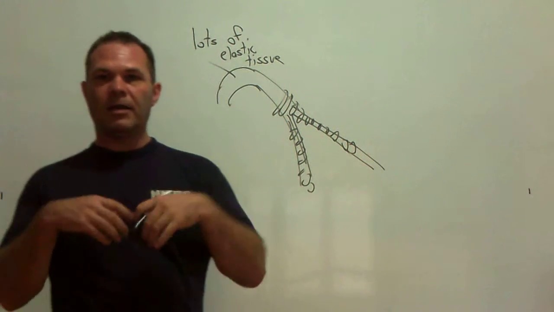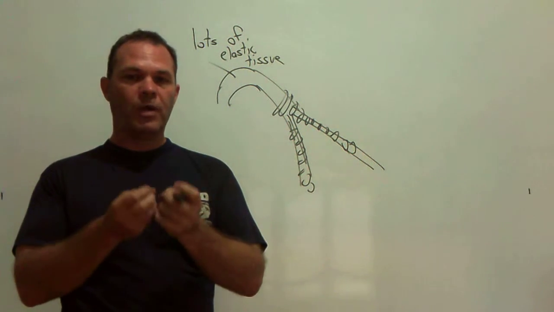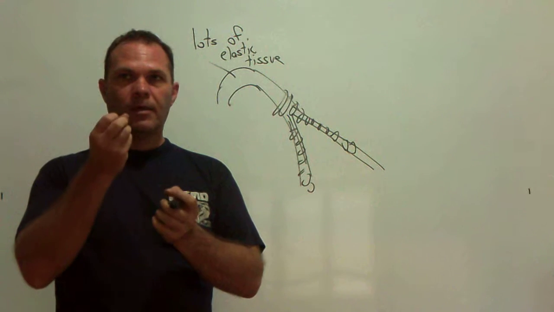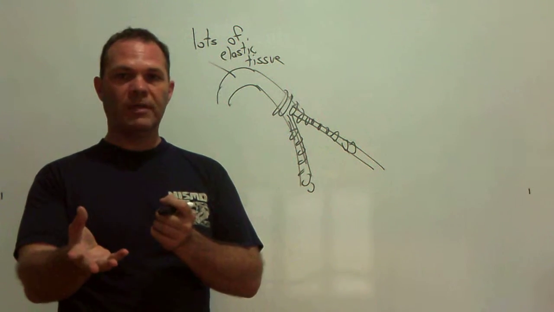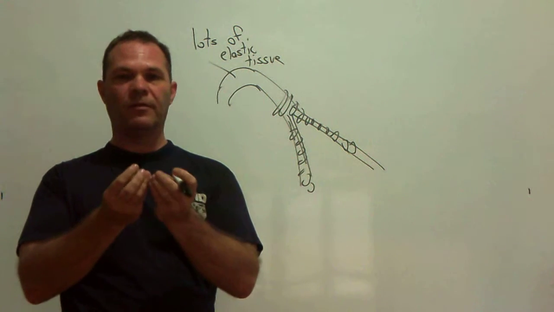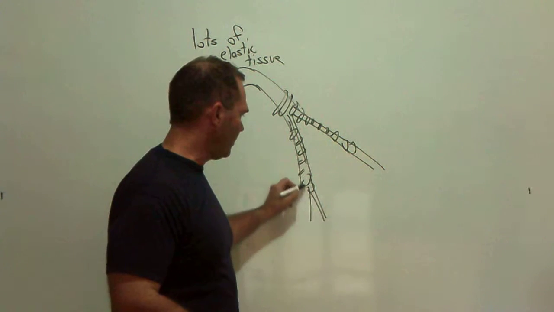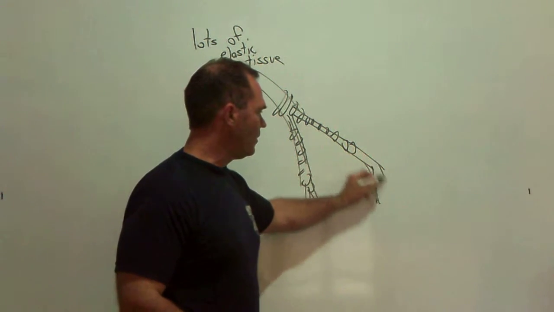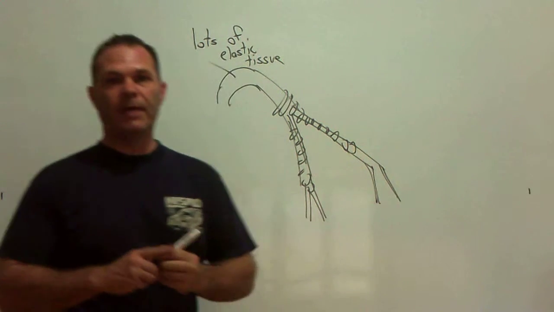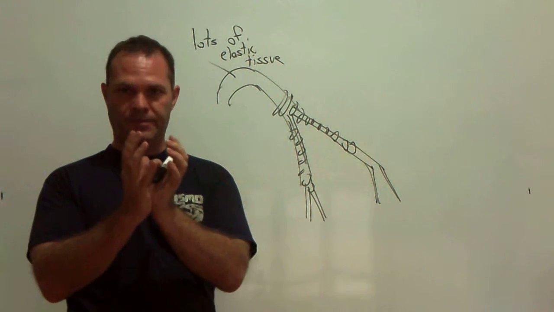Now, as we get closer and closer to where we want the blood to go, we reach a point where we lose all of the elastic tissue, and our muscular tissue becomes a lot thinner as well. And then we reach a point where we've basically only got those tiles left.